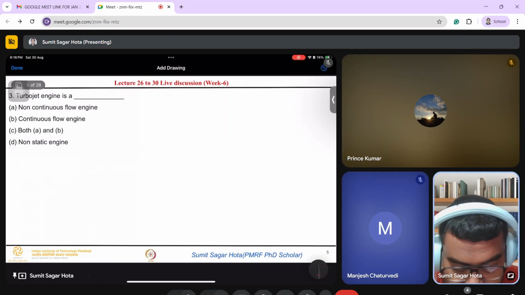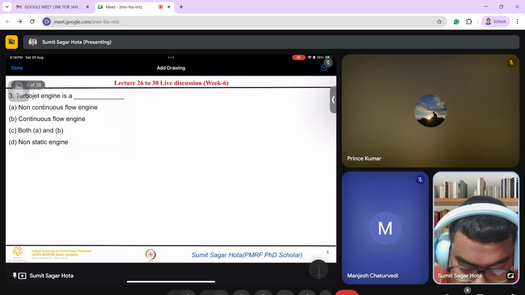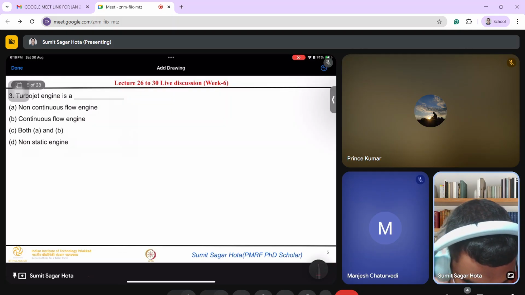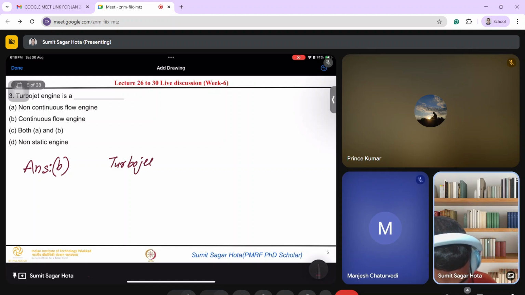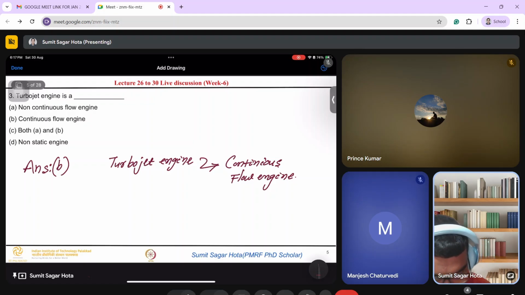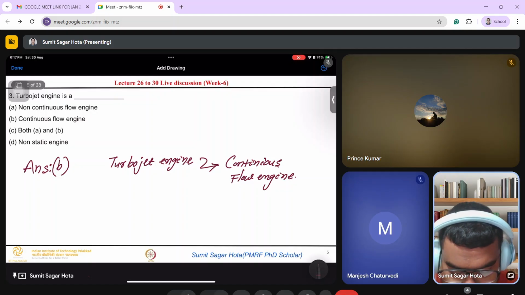There will be continuous fuel and air supply, and continuous combustion happening in this engine. A continuous flow engine.